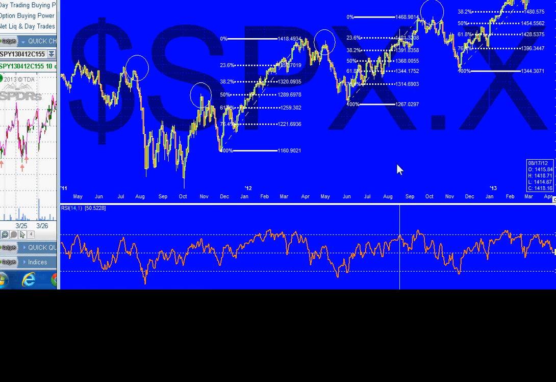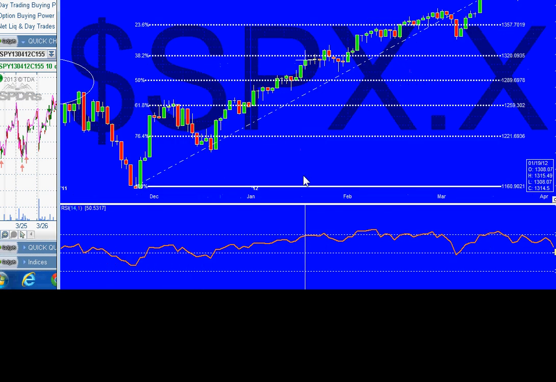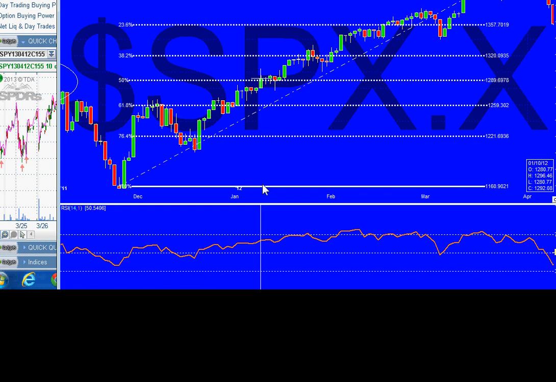So what we're going to do here is look at each one of these one at a time. This is going back from last year, from November of last year. We're going to look at the fib numbers, beginning in January all the way up to the move that it made at the top.